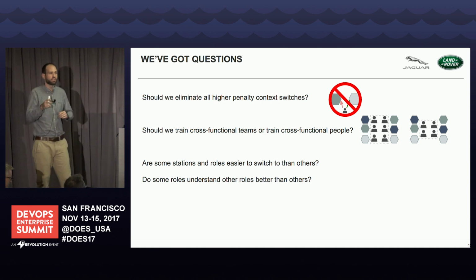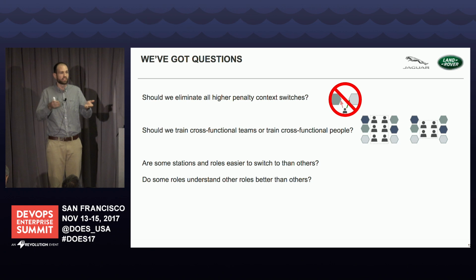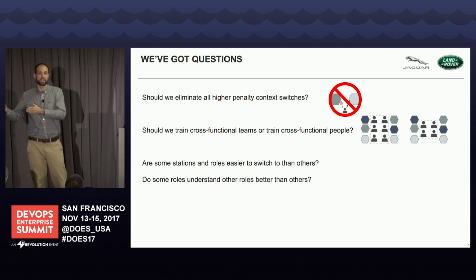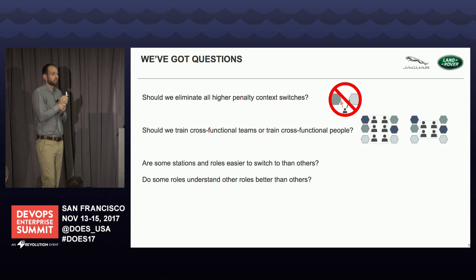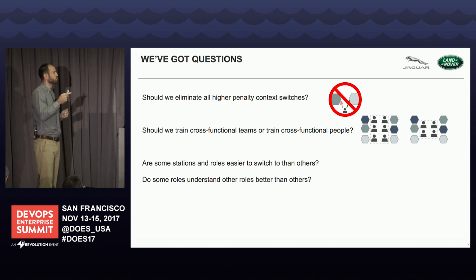The difference between those is somebody who could work and be proficient at multiple stations, or a team that is capable of sharing empathy, where each one of them can be specialized at their own station. Which one is more of a worthwhile investment? Are some stations and roles easier to switch to than others? This one piques my interest as well. Do some roles understand other roles better than others?